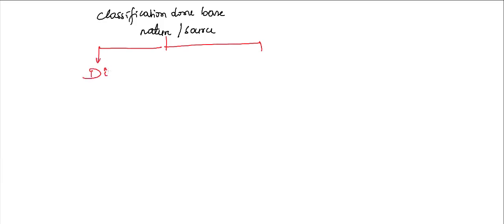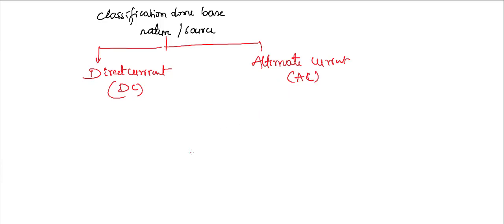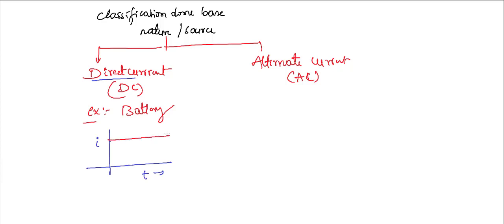First is direct current, which we call DC, and one more is alternating current, that is AC. What is an example of direct current? The battery is a very good example. The plot for this function is constant, so we get direct current. I remains constant. So in the t versus I graph it becomes a straight line.